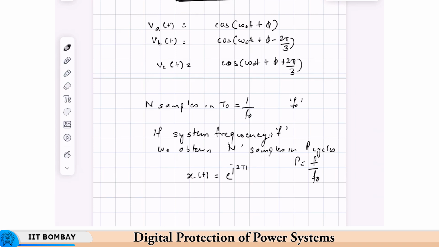Omega is nothing but 2 pi f naught, so we have 2 pi f naught t plus phi. For this we already know the DFT.